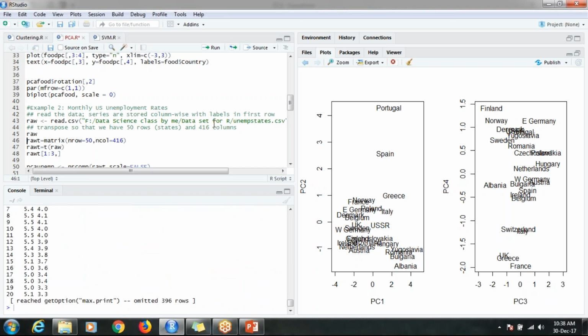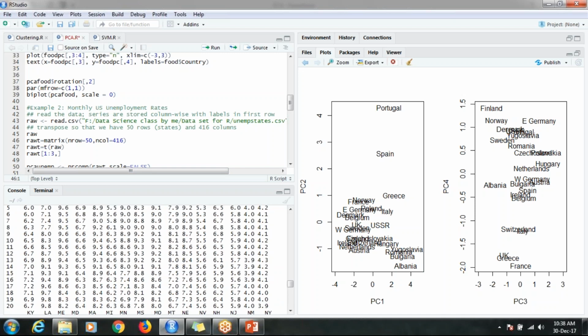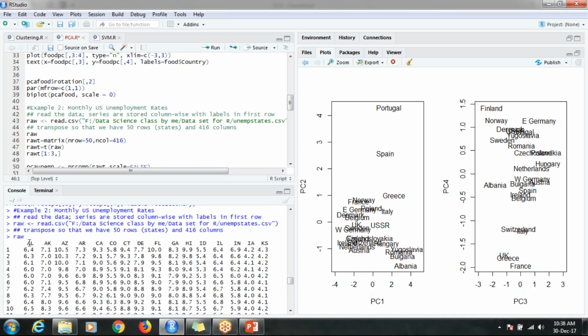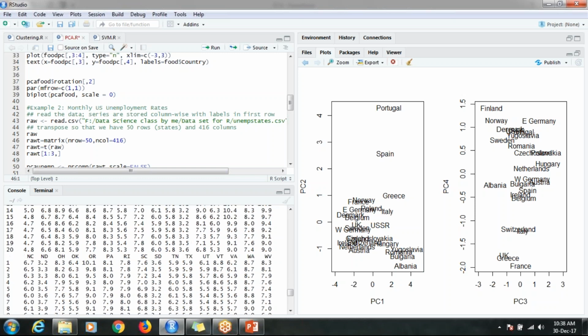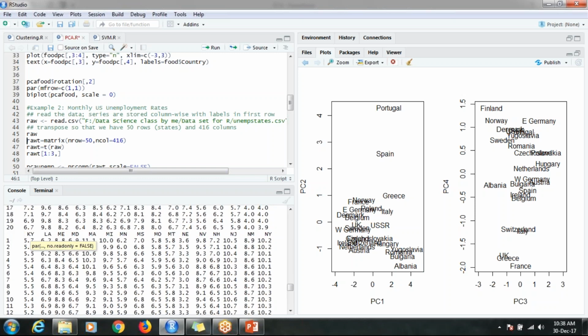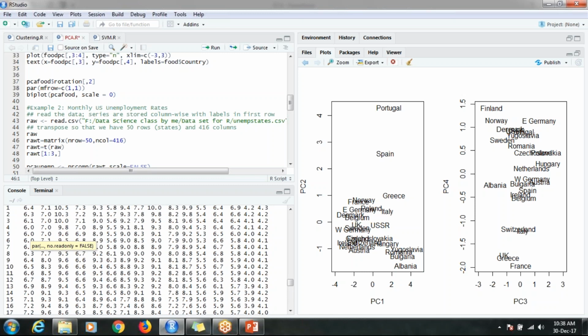The only problem is that all my states are in the columns, and the observations are the unemployment rate of each month. The first month is this, the second month unemployment rate is 6.3, the third month it is 6.1, and so on. This is how my data set has been designed.